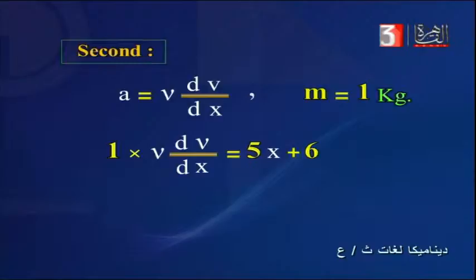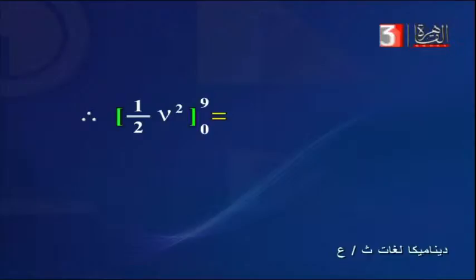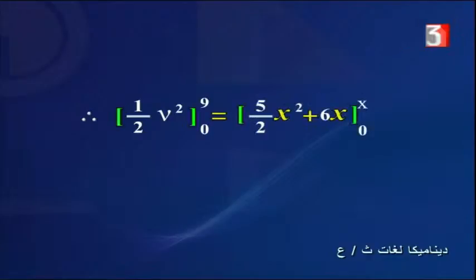Now, integration V dV from V naught to V equals integration 5x plus 6 dx from 0 to x. The integration of V dV equals half V power 2 from 0 to 9. And the integration of 5x plus 6 dx equals 5 over 2 x power 2 plus 6x from 0 to x.